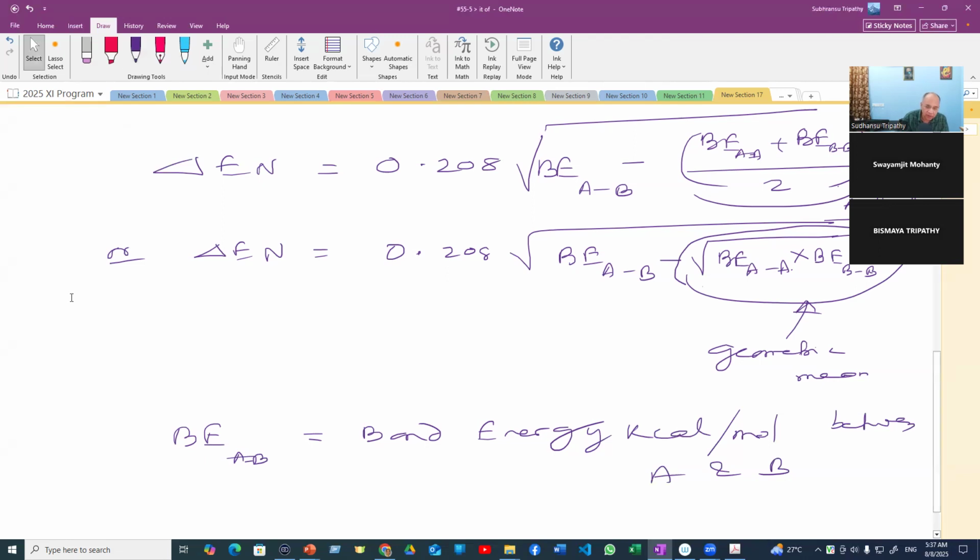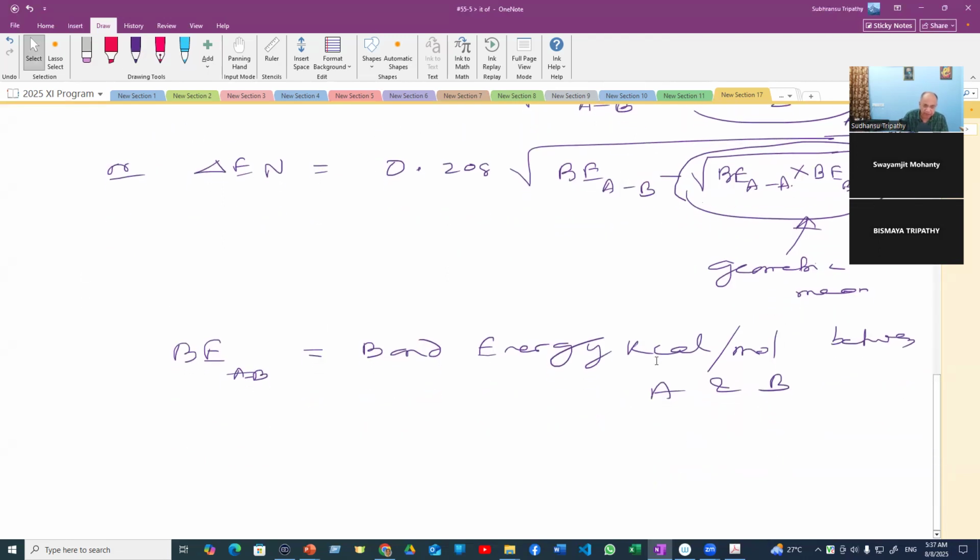We'll be doing that in our thermodynamics program. And definitely BEAA will be the bond energy in kilocalories per mole between A and A. O-O single bond. I repeat, it should be a single bond. Hydrogen peroxide has an O-O single bond.